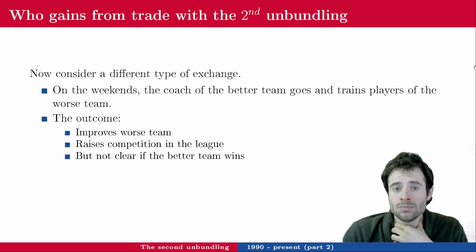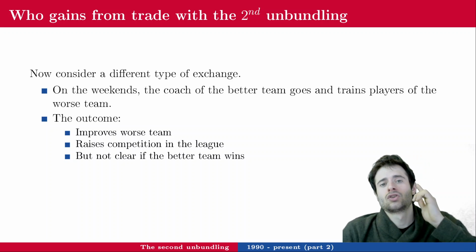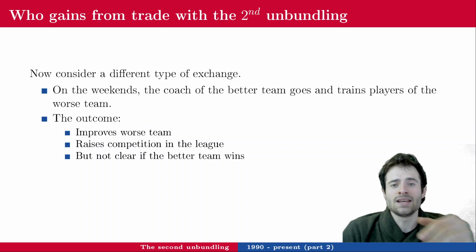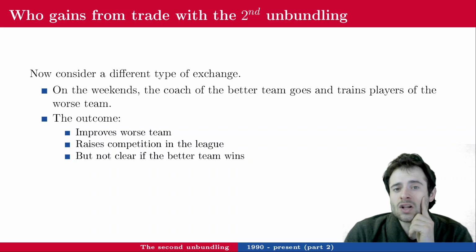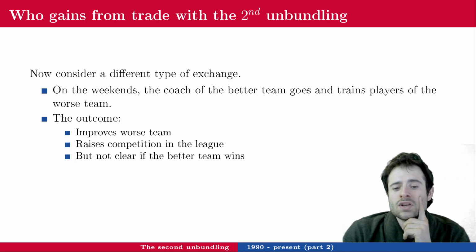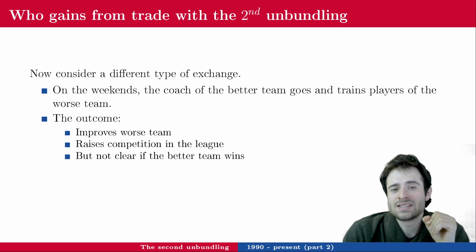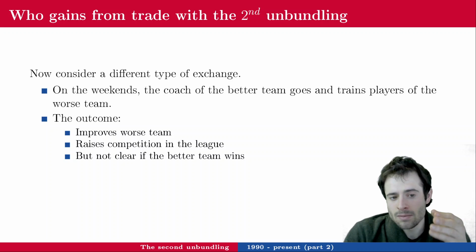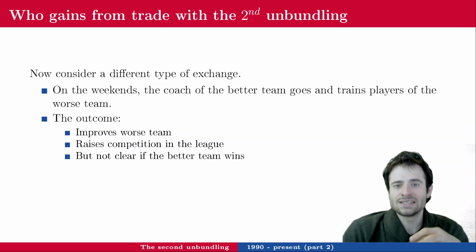But the better team, which is allowing the coach to spread his know-how to other teams, it is not clear whether this team is going to win. This team might lose its edge. Maybe the coach has a secret that makes this team more successful than the other teams.